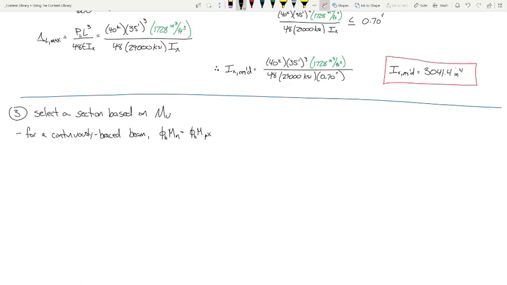So remember how they're grouped according to their ZX, or ultimately their phi Mp. So I want you to find the lightest section that has a flexural capacity of 789.7 or more. But what that means is we're looking for the bold row in that group.